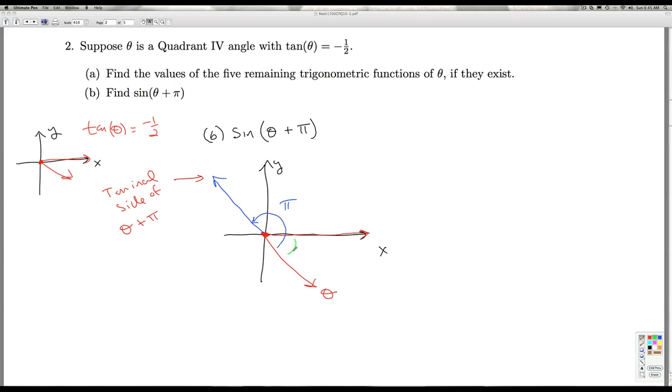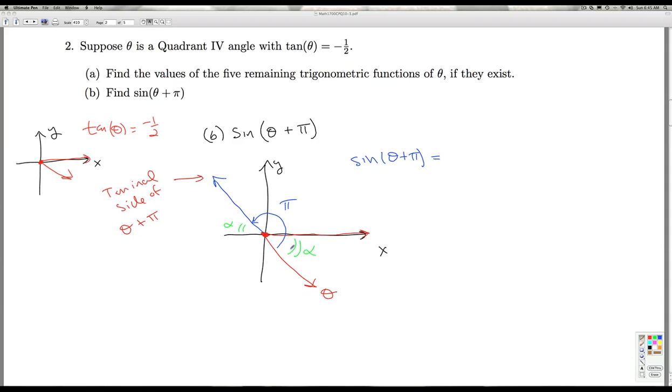Now, the reference angle for theta, by definition, is this angle here, which I'm just going to temporarily call alpha. And because we have a vertex angle, the angle here is the same as the angle here. So what's that mean? That means that the sine of theta plus pi is going to be the same as the sine of the reference angle alpha, because it's a quadrant 2 angle, which is the exact opposite of the sine down here.